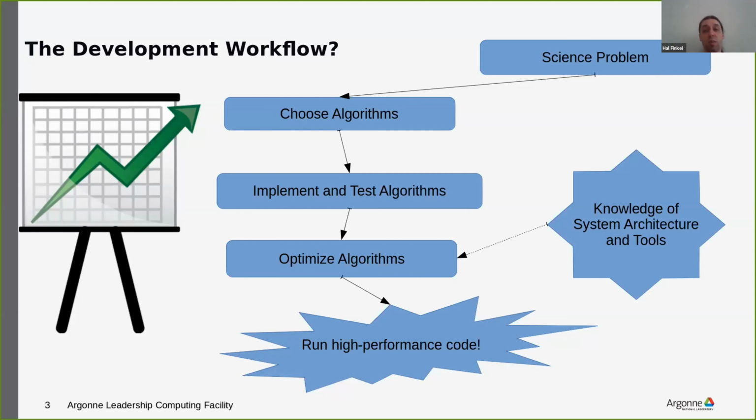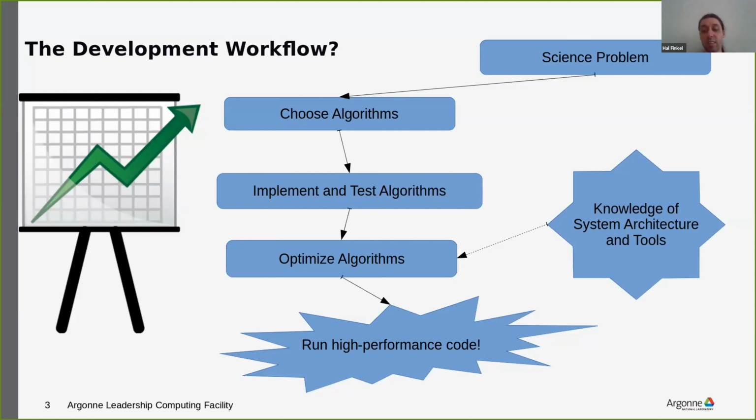You start with a science problem, you analyze that problem, you choose some algorithms, you implement and test those algorithms. Then you optimize them, taking into account all of the relevant properties of the machines on which you're going to run, and in the end, you have this high performance code that you run.